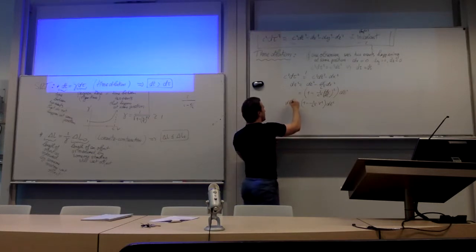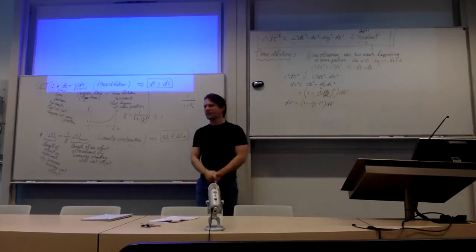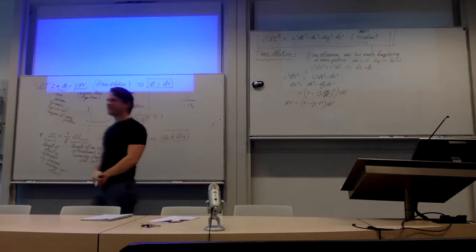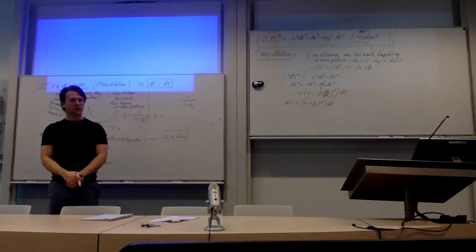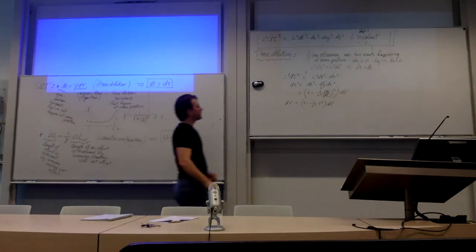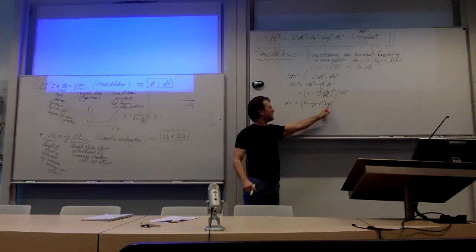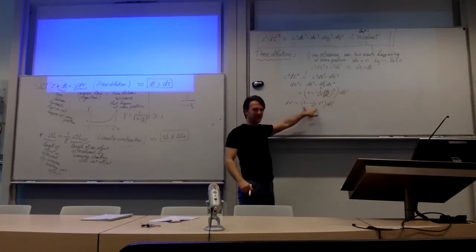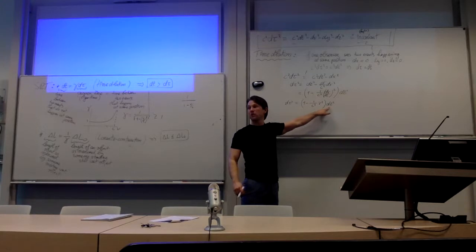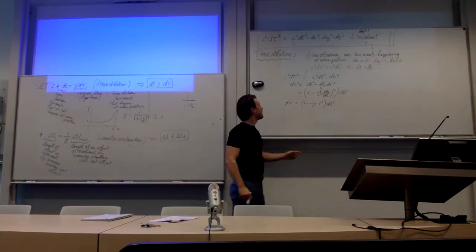And so we have d tau squared, the amount of time as seen by the guy who's standing still with respect to the two events, is given by some number times the amount of time for the guy who's moving with respect to the two events.